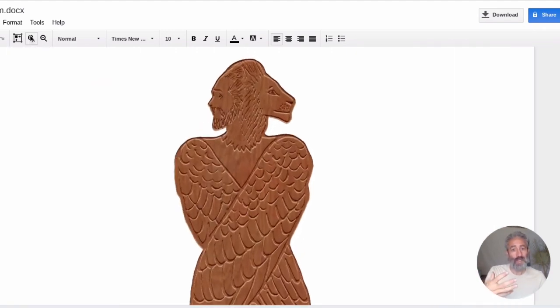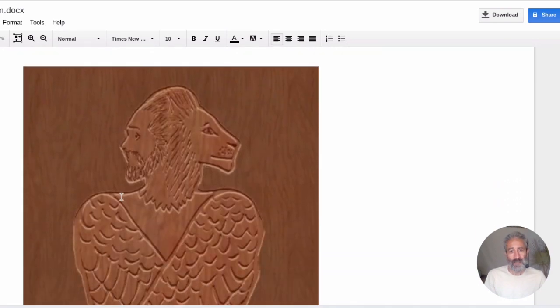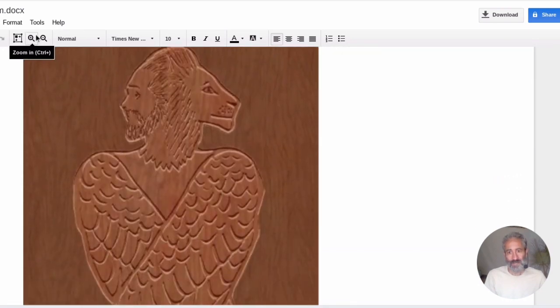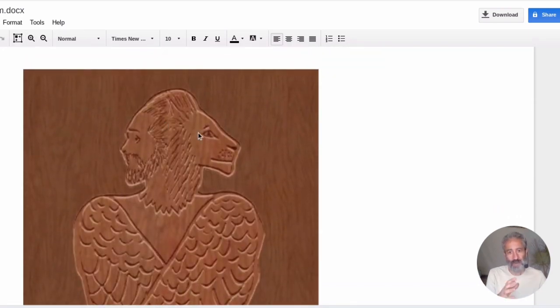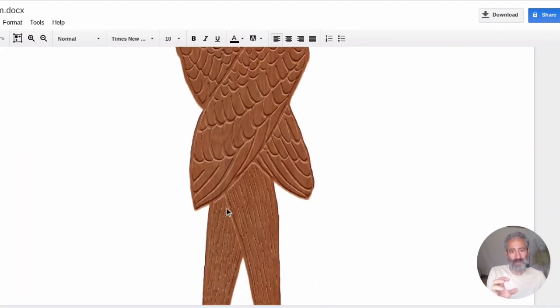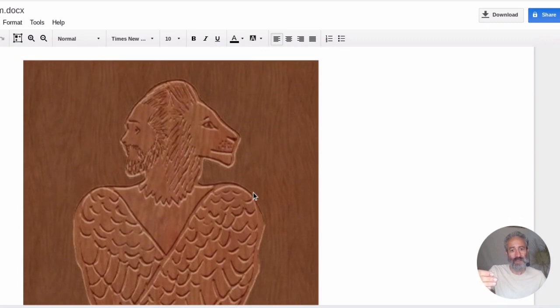And then we can take this example and overlay it over a wood backing or facade. And that's what you see here. You have the carving, and then we overlay it into the temple.